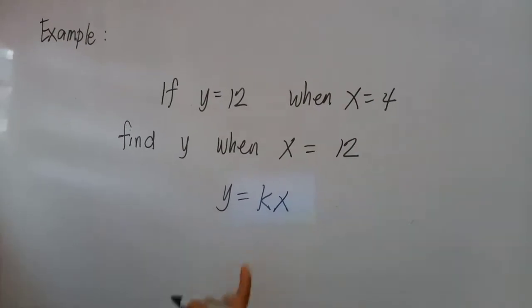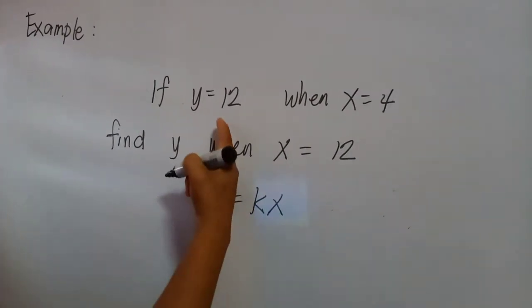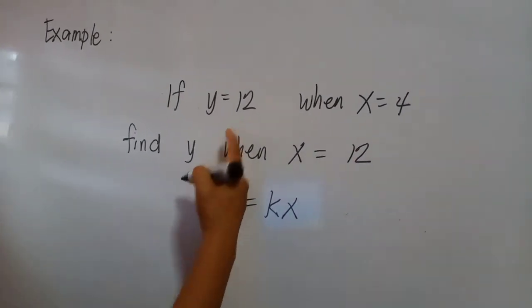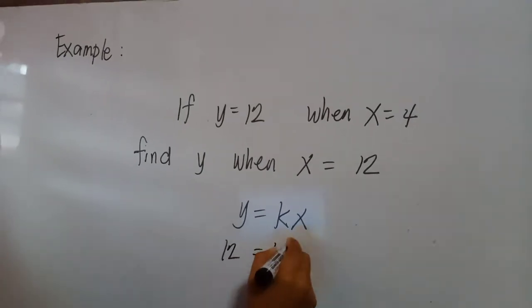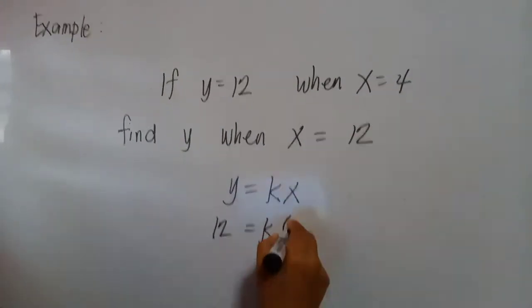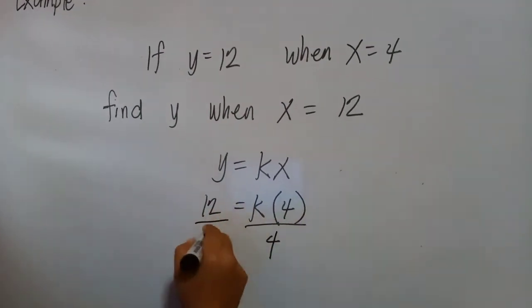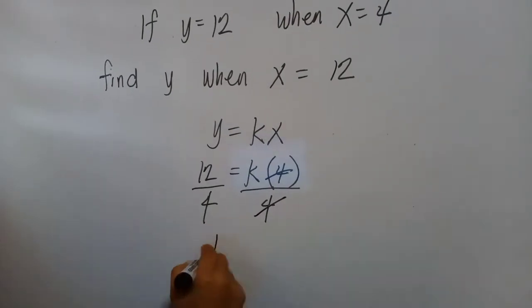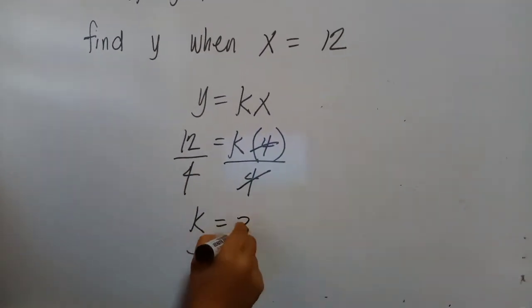To solve for k, we need to make use of the first set of given, the 12 and 4. By substitution, we have 12 equals k times 4, and then divide. 4 divided by 4 is 1, so k is equal to 12 divided by 4, which is 3.